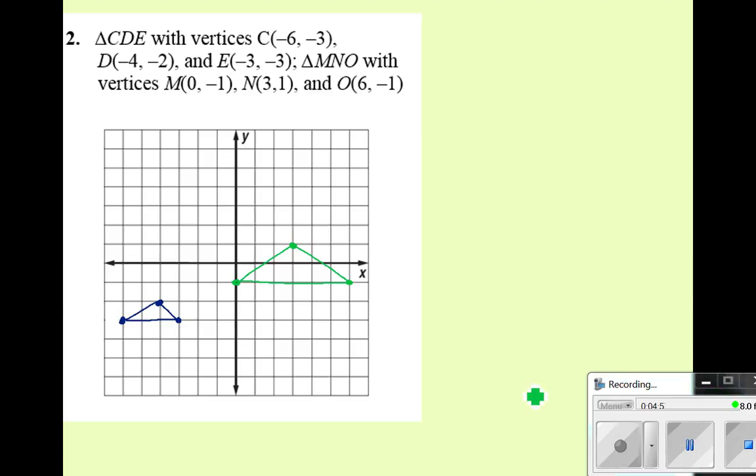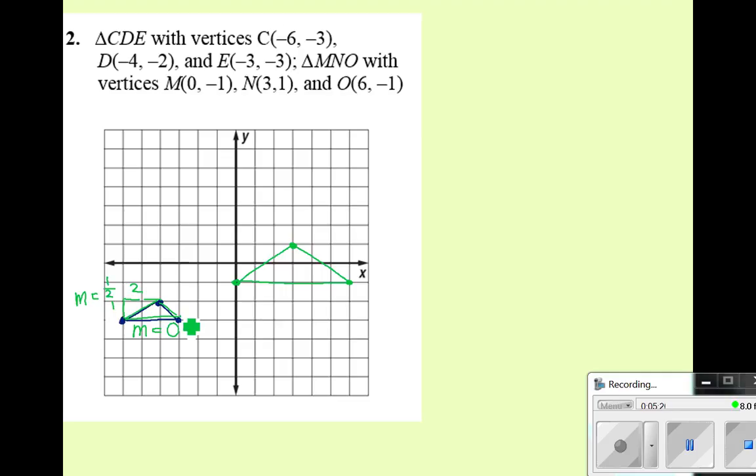I'm going to find the slope for this triangle first. I know that this is m equals 0. And then if I go up 1 over 2, that's positive. So I have m equals 1 over 2.